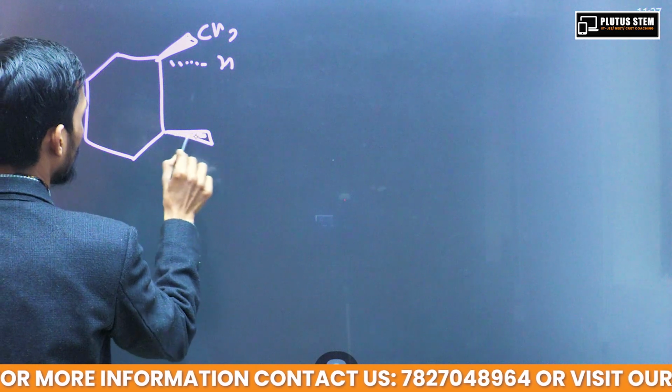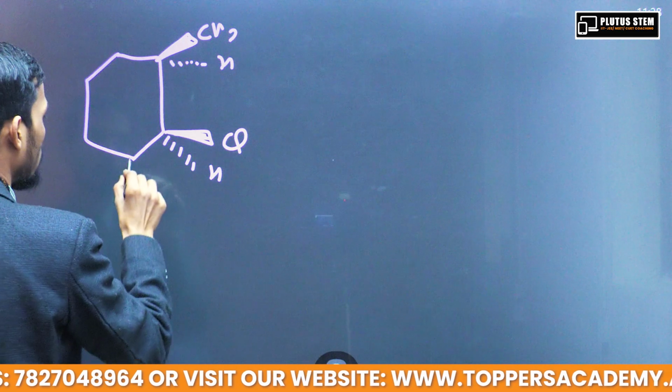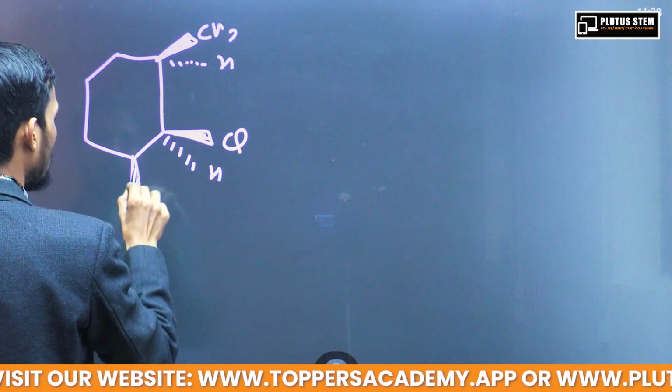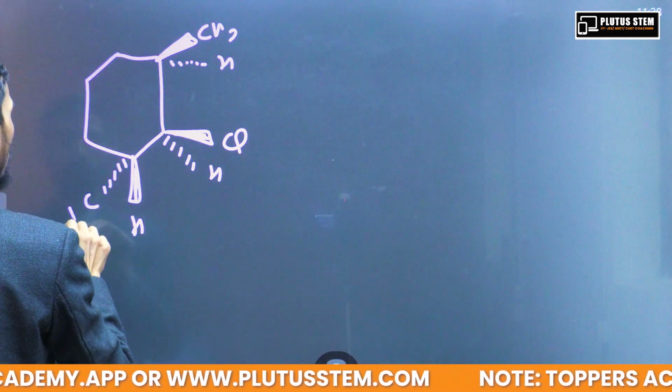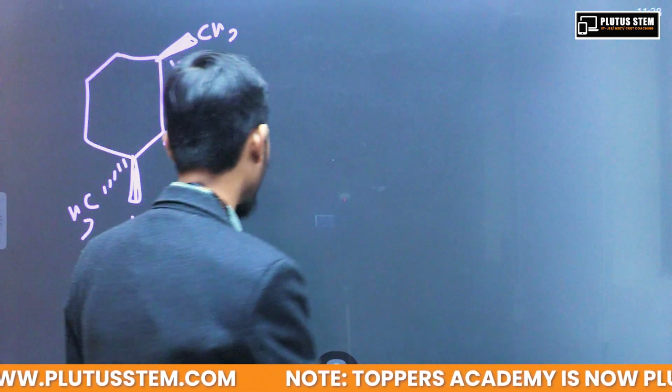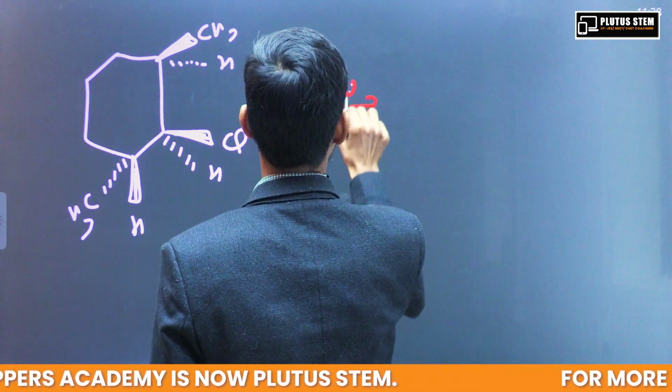Over here we are having chlorine on the upside, hydrogen on the below side. At this side we are having hydrogen on the upside, CH3 on the below side. So in such a reaction, the base is going to be used, with heat.